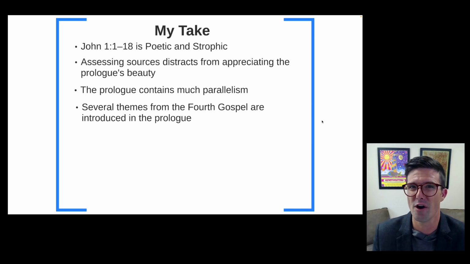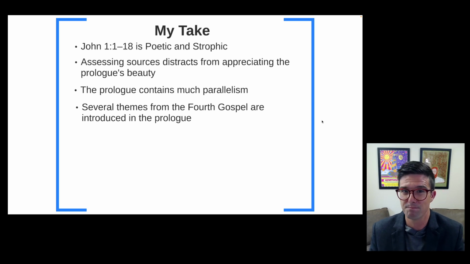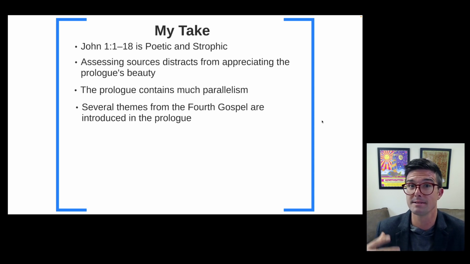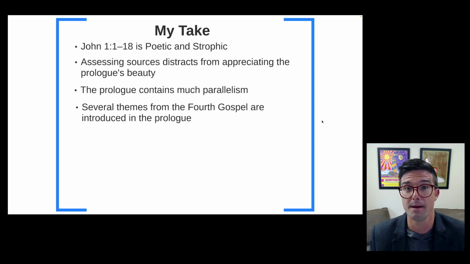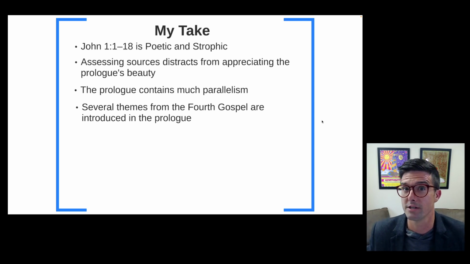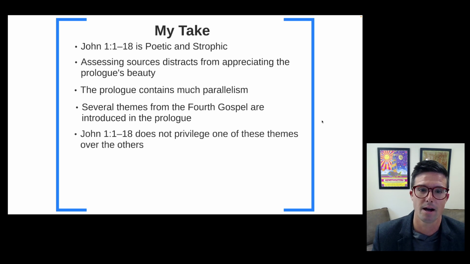If you think about your own writing of a paper, in theory, you should be writing your introduction last and priming your reader for what they will experience, the themes and ideas that will be raised within the paper. And I think that's what the prologue is doing: all of these Johannine themes are in there so that the audience can be ready for their development throughout the rest of the gospel.